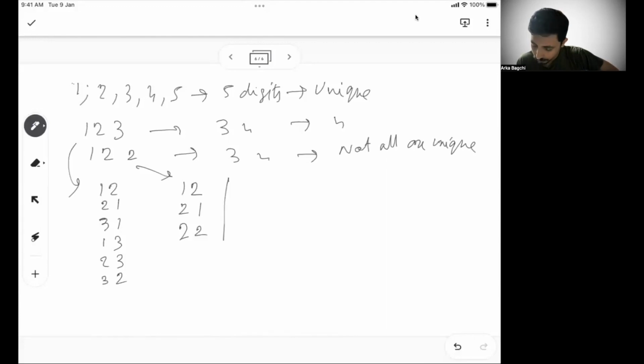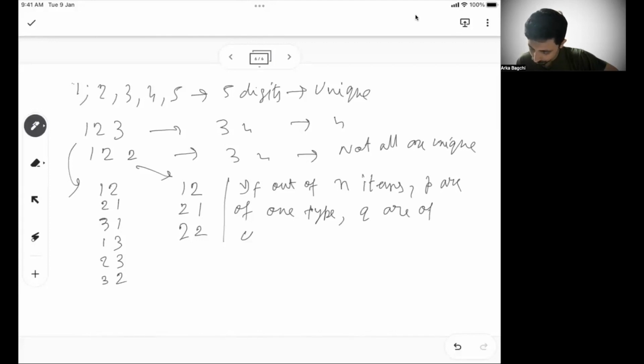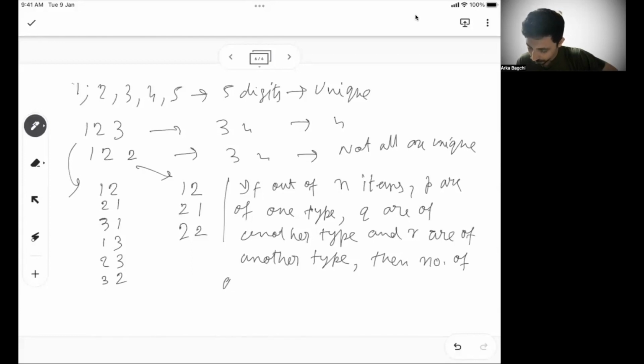So the formula for this is: if out of n items, p are of one type, q are of another type, and r are of another type, then the number of arrangements possible is equal to factorial n divided by factorial p, factorial q, factorial r.